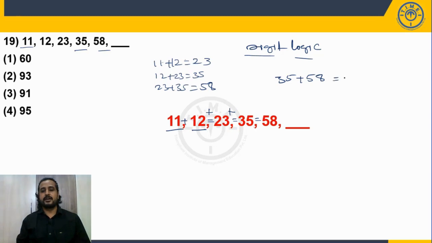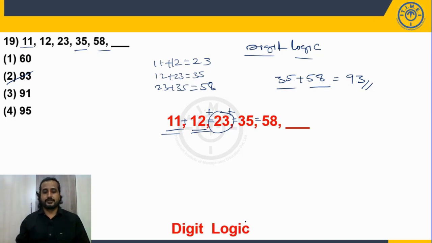So 35 plus 58 is how much? 93. So what is my required answer? 93. Pythagoras triplets, Fibonacci series, all these type of questions come under the digit logic questions. Here sum of the previous two numbers is equal to the next number.